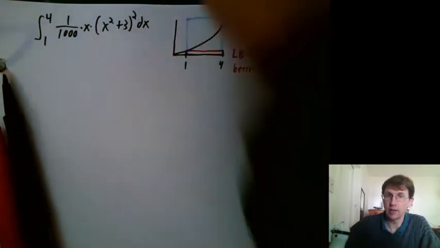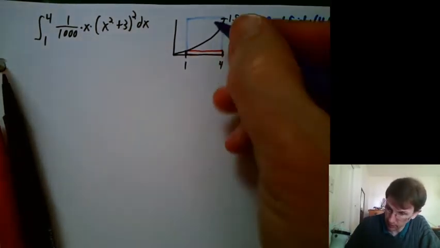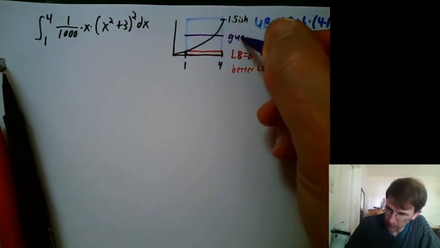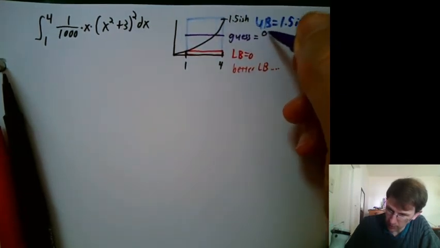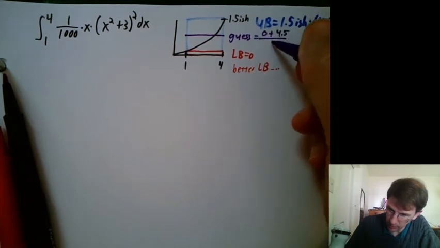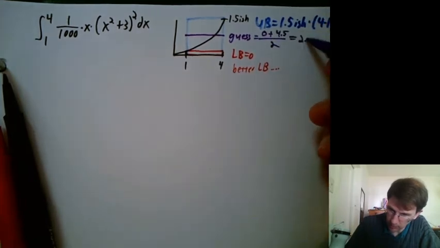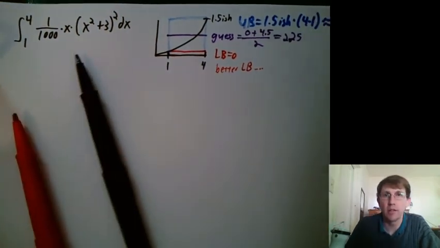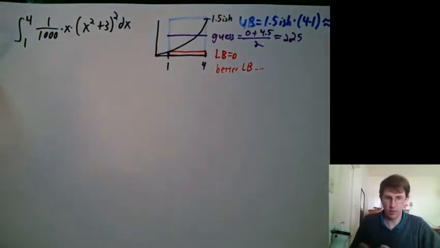And then a guess of about halfway between those two. So the 0-ish plus the 4.5-ish divided by 2, so 2.25. And then do you think the guess will be higher or lower than the actual?